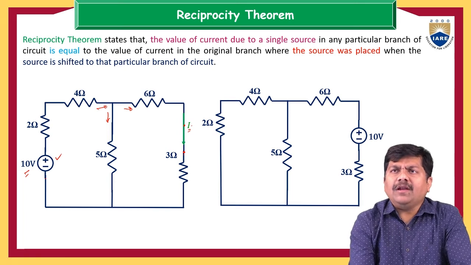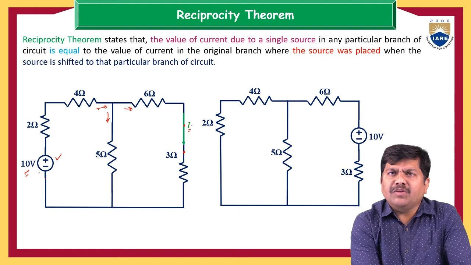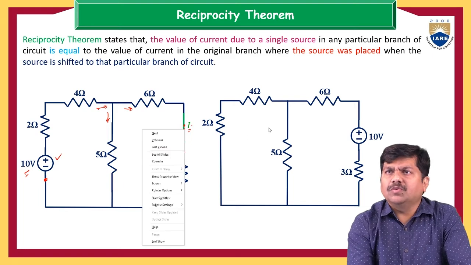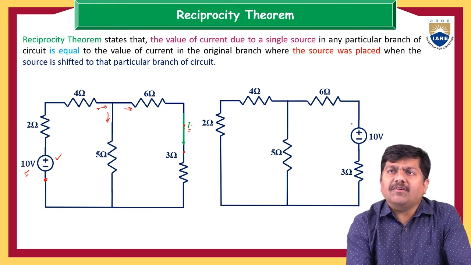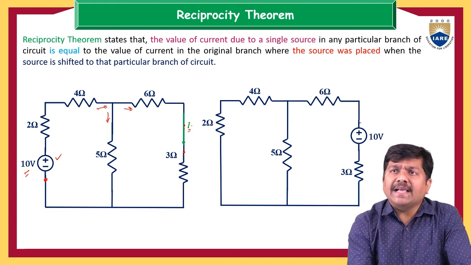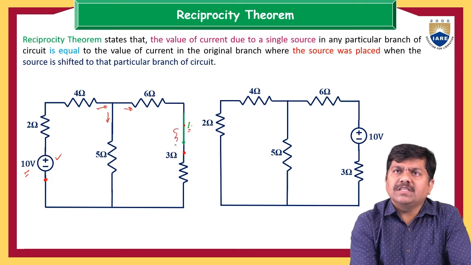Now, if you go to the second circuit, I have shifted this 10 volt voltage source to the point where we examined the response in the first circuit. So, this 10 volts, as it is, we have shifted to the point where we examined the response in the first case, across this terminal.